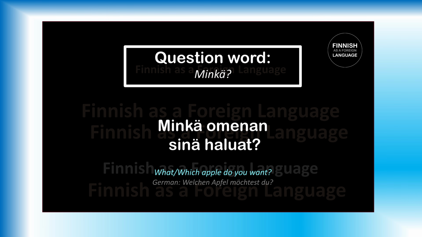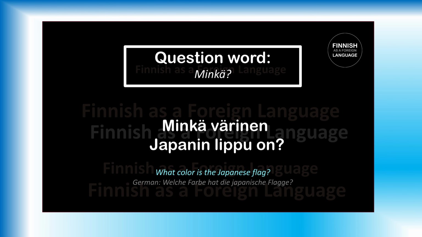Let's have another example. Minkä värinen Japanin lippu on? Means what color is the Japanese flag? So let's go step by step. Minkä is the genitive singular of mikä, which means what. Värinen is an adjective derived from the noun väri, which means color, plus nen, which is a suffix meaning colored or of the color.